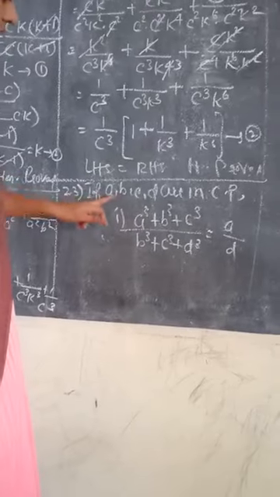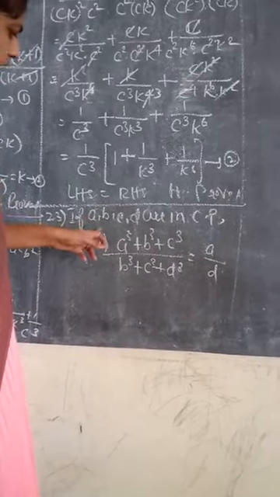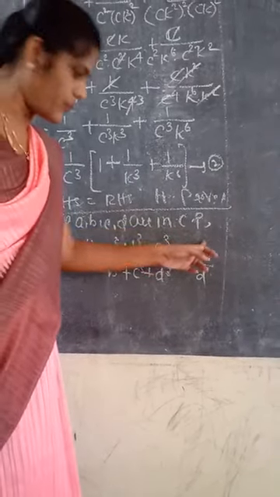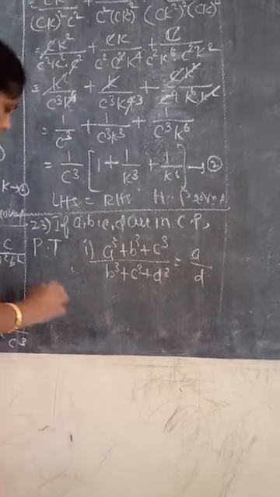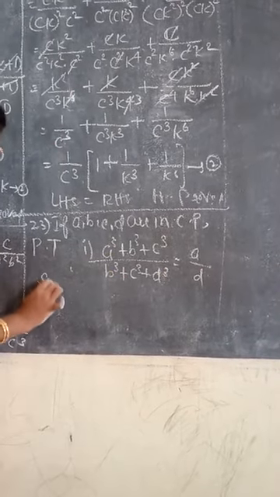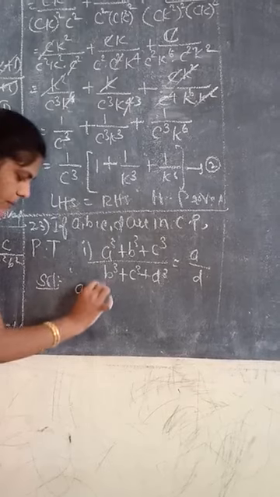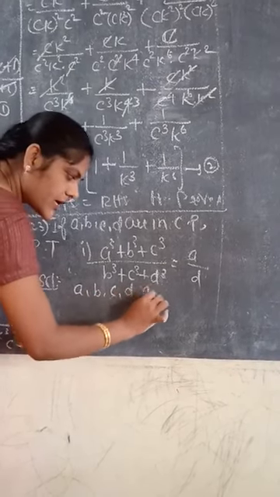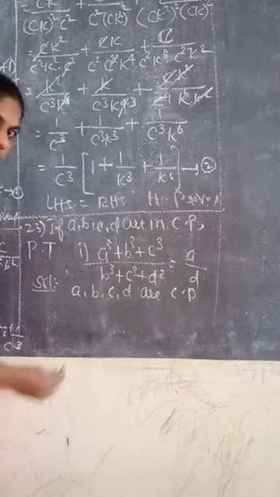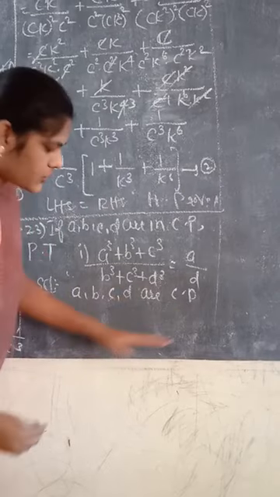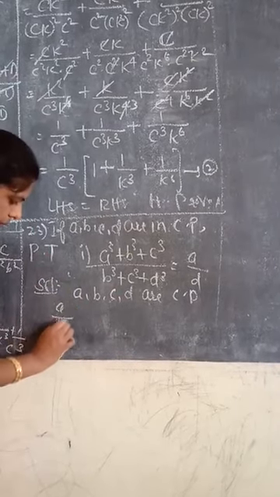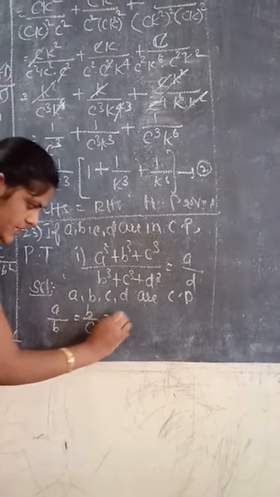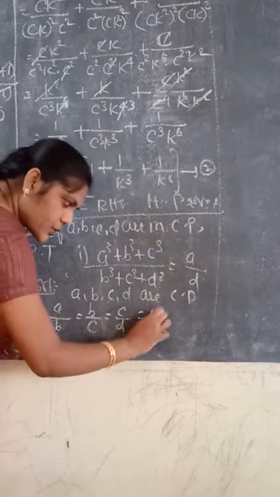Next, the 23rd sum. If a, b, c are in continued proportion, we need to use this. We need to find this. So listen to the solution. a, b, c, d are in continued proportion. Already I explained how we find the continued proportion. So a by b equal to b by c equal to c by d equal to k.